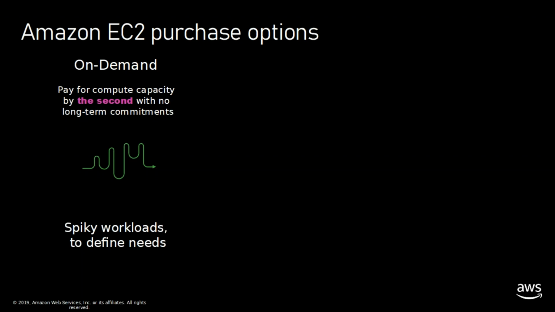And if you're not yet sure how big the workload is, we can also use on demand. For example, we start small, and if we see that the cloud workload needs more power or more CPU, we can increase it, because we have no long-term commitments.